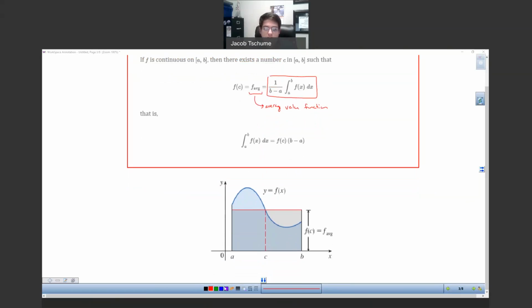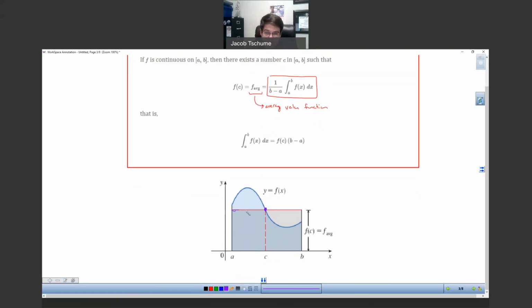So graphically, here is what the average value of the mean value theorem in integration is. If you are integrating under the curve between a and b, the average value is the y value of the function where, if you found that, you got this line.